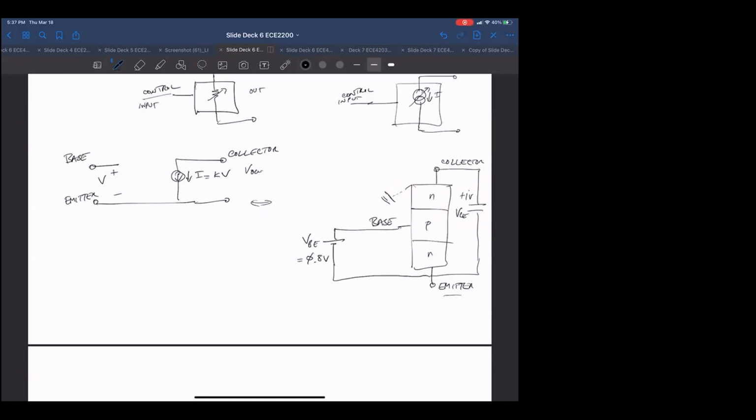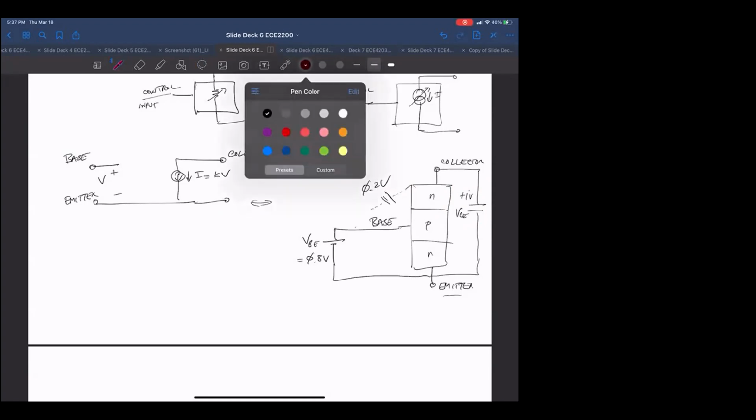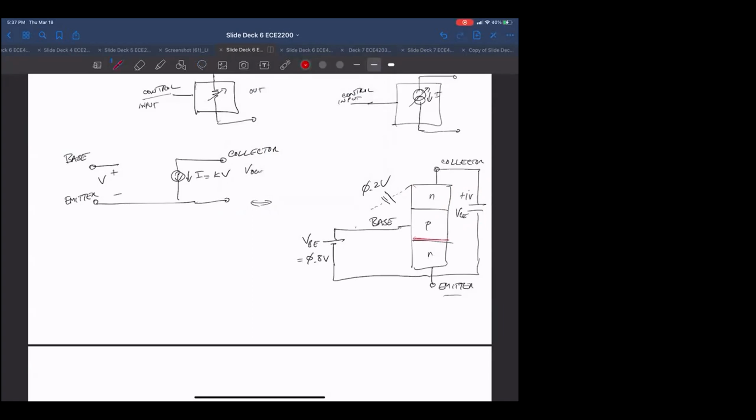If you had a battery here, this difference would be 0.2 volts, meaning that this PN junction is forward biased, and this PN junction here is reverse biased.